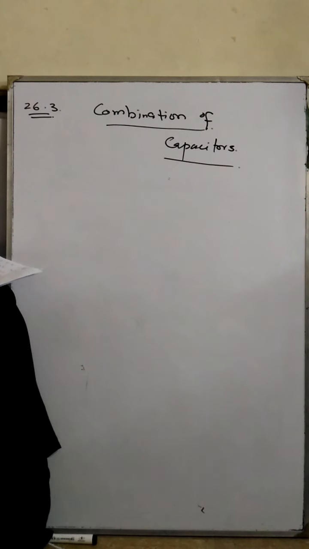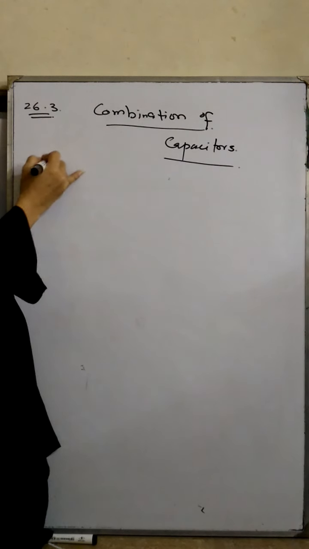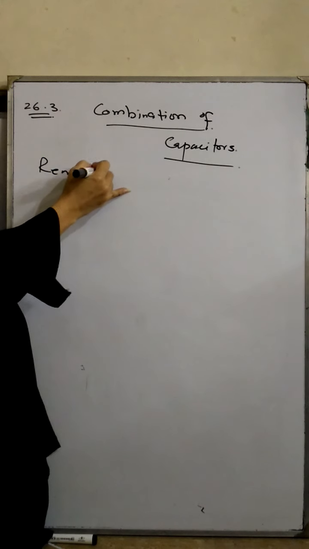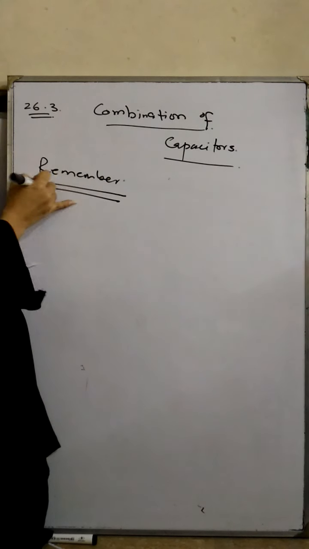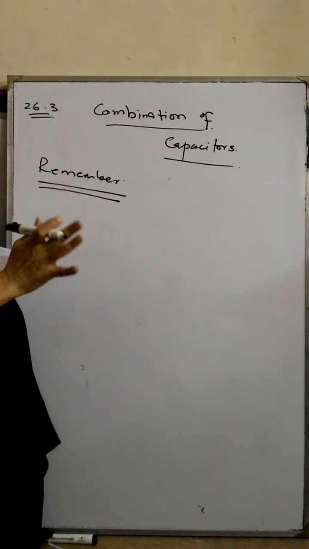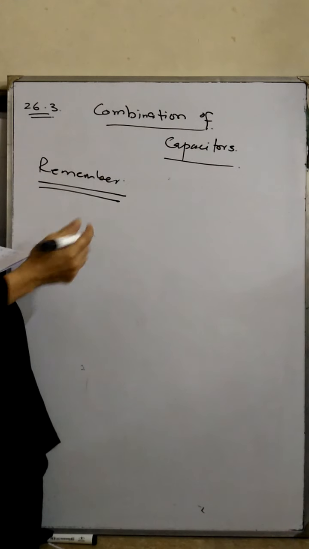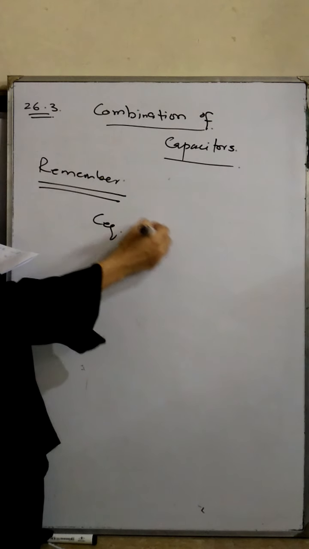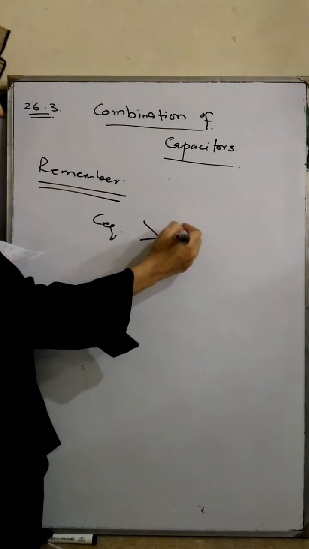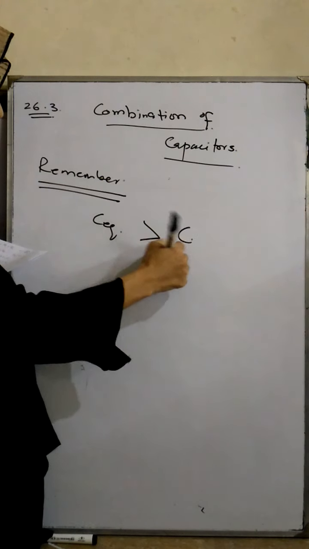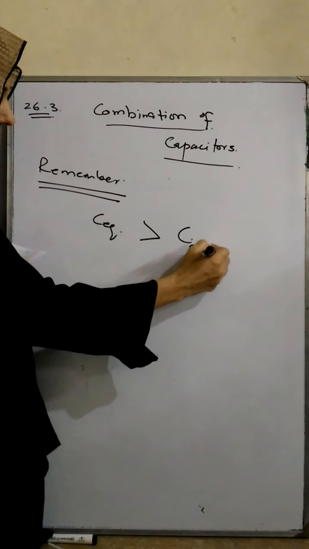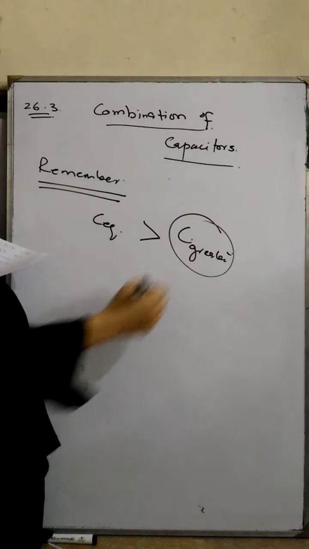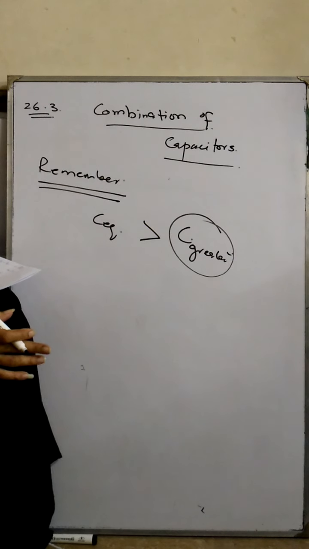One thing which I want to share here is that, just remember one thing. Although it's very obvious, the value for the equivalent capacitance will always be greater than the value of the greatest capacitor present in the circuit.